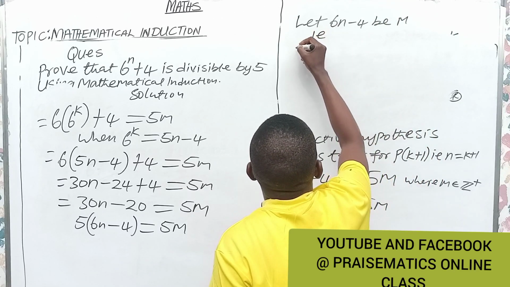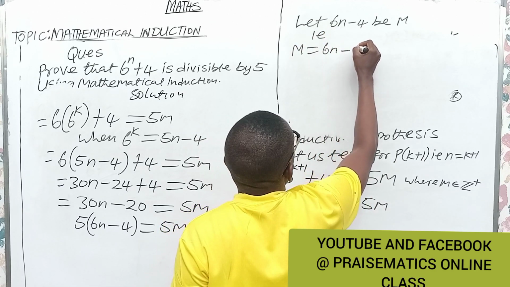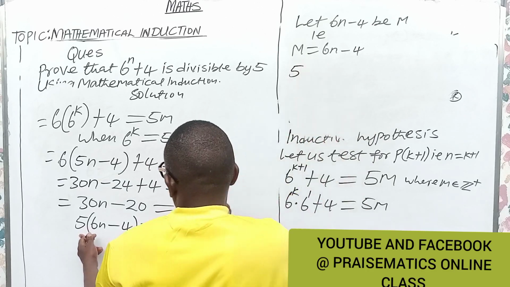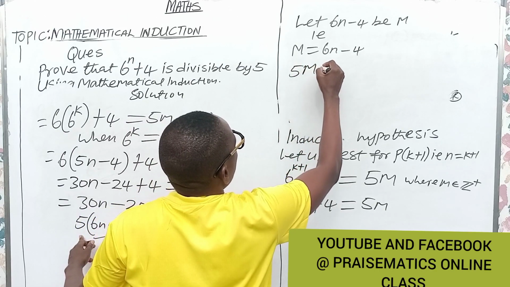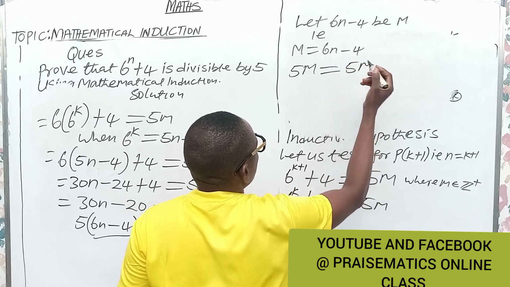That is m equals 6n minus 4. In other words, this means 5 will replace this with m, so 5m is equal to 5m. So it is divisible.